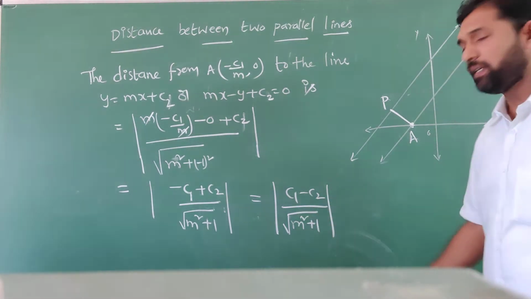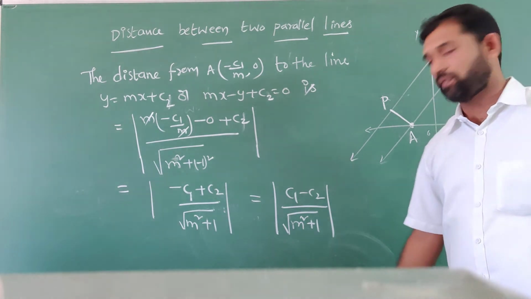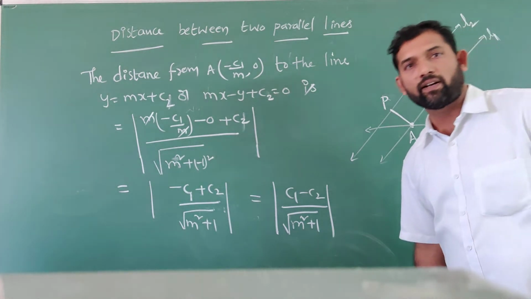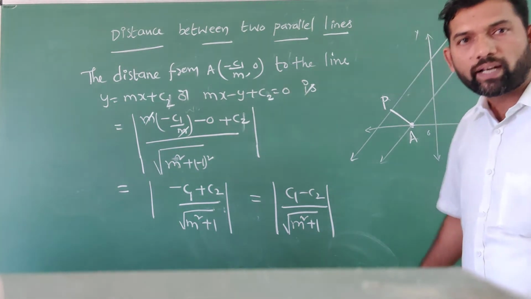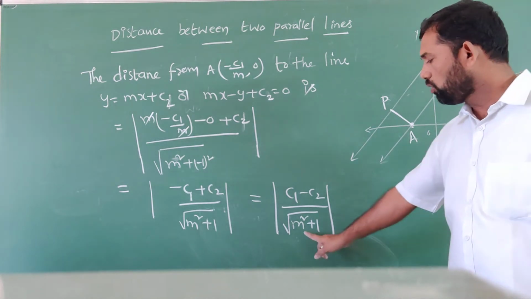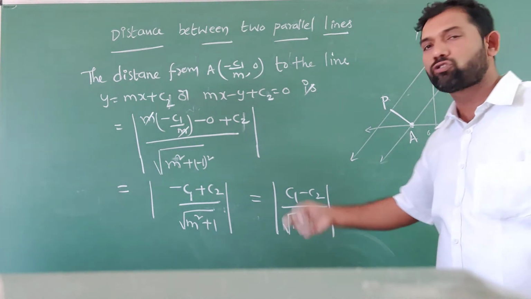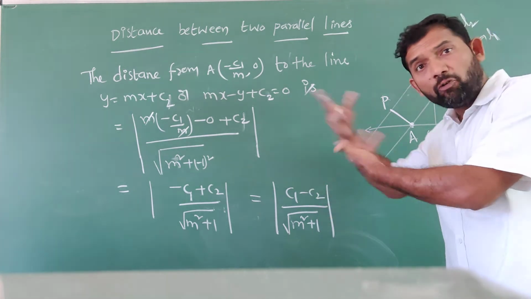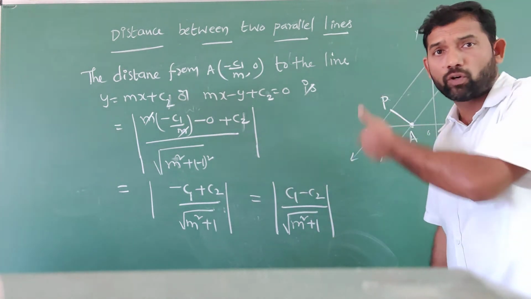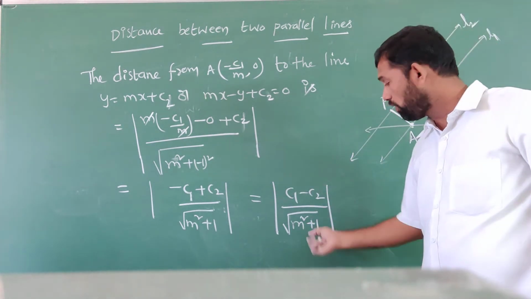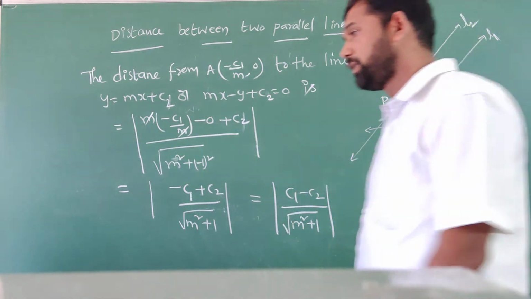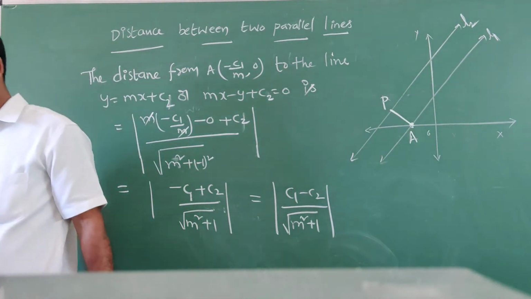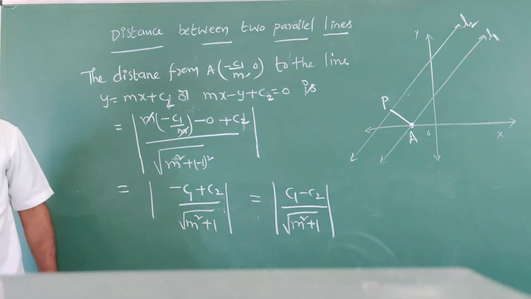Distance between two parallel lines means difference of constants divided by root over m square plus 1. m means slope of the line. Without this slope I will explain one more.